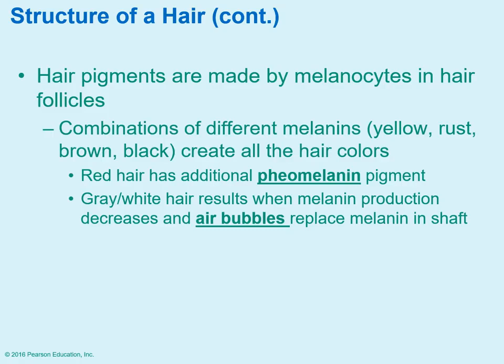Environmental factors certainly can play a role. Stress often results in graying hair because it may decrease the melanin production. And so if you have a decrease, you end up with gray or white hair. And obviously different chemicals can have effects on the natural coloring of the hair as well.